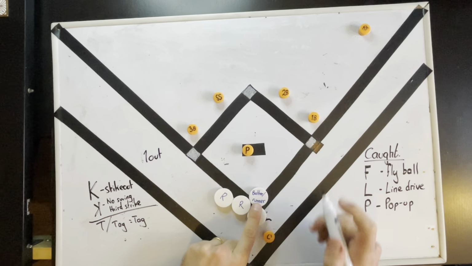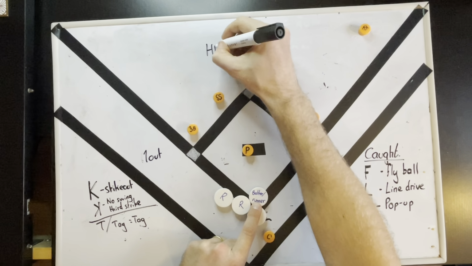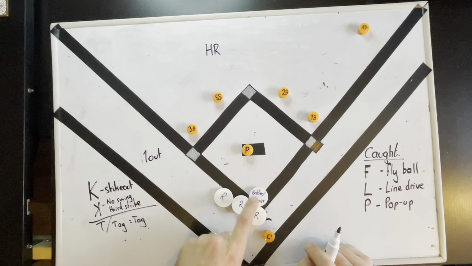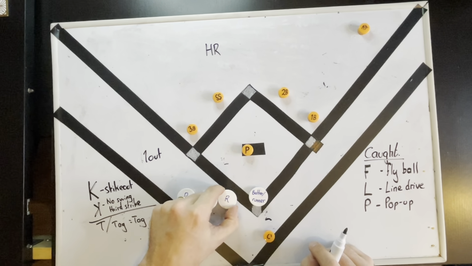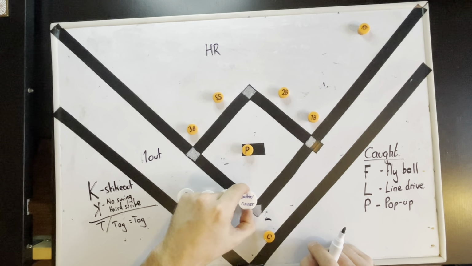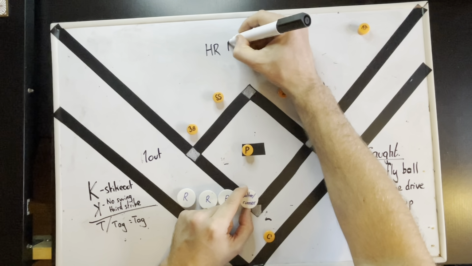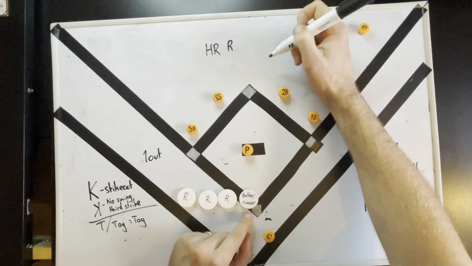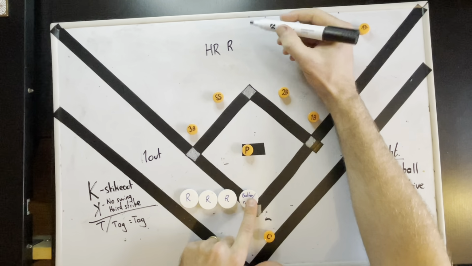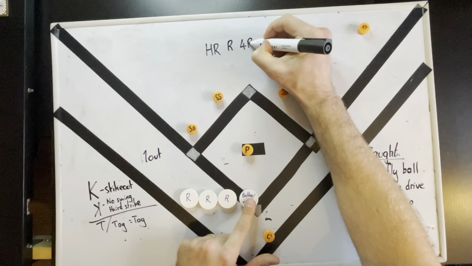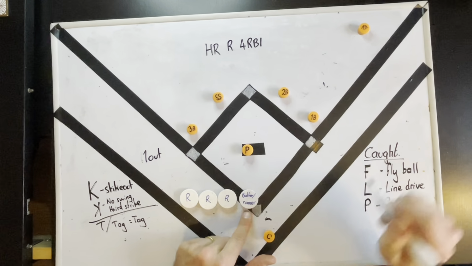So as a batter, you came all the way round and got a home run. And not only did you score 1 runner, 2 runners, 3 runners, you also scored yourself. So you came across the plate, so you would be accredited with a run for getting across the plate. You got home 1, 2, 3, 4 runners, so you would also be accredited with 4 RBIs.